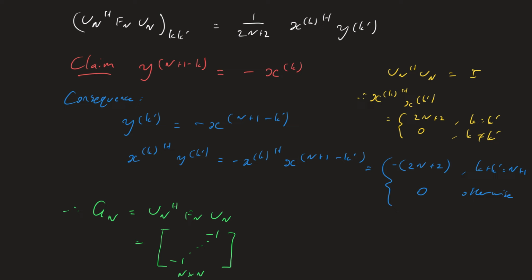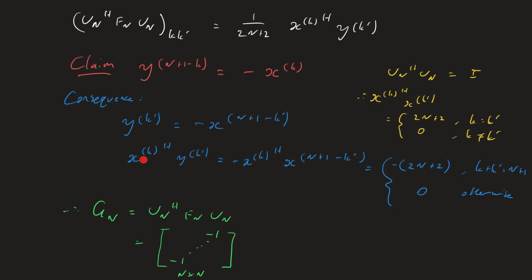Put simply, we know that U Hermitian transpose U is the identity. We also know that U Hermitian transpose U is equal to this expression here without the F, which means this y is just x. So we know that 1 on 2N plus 2 times x_k Hermitian transpose x_k' is either equal to 0 or 1, depending on whether k is equal to k' or not.